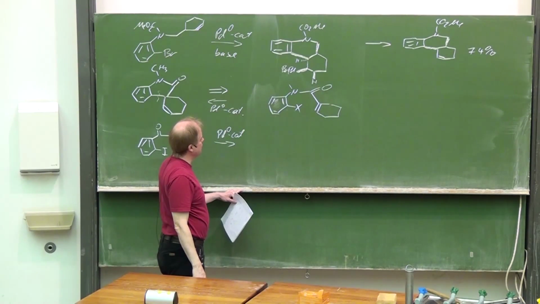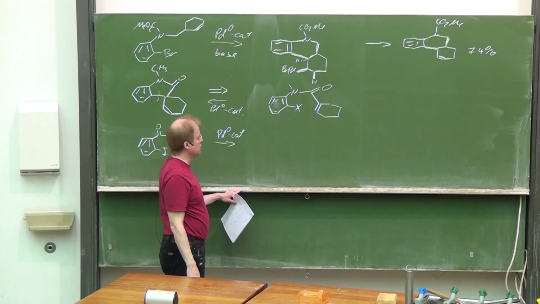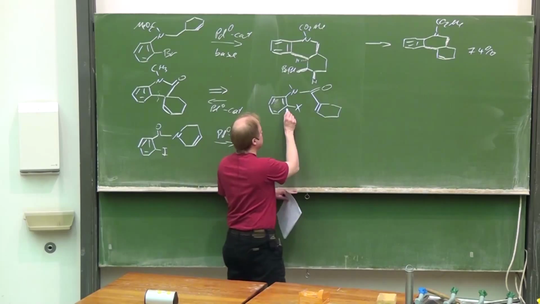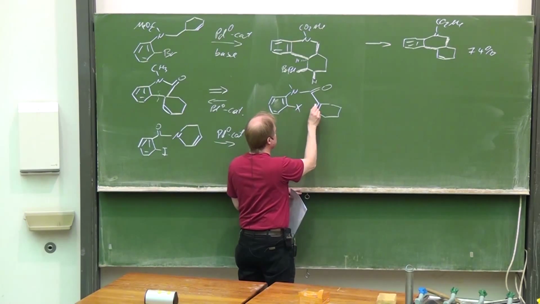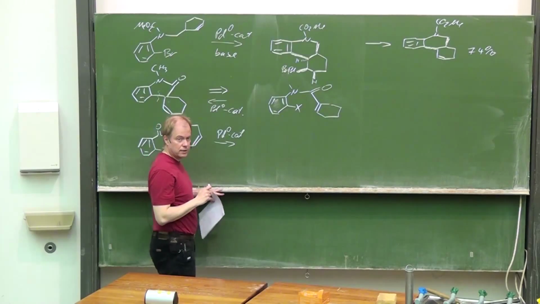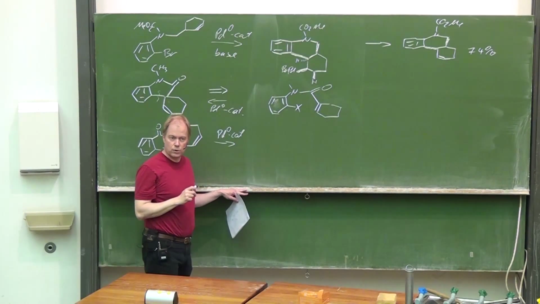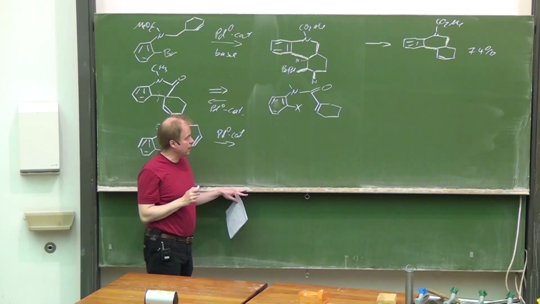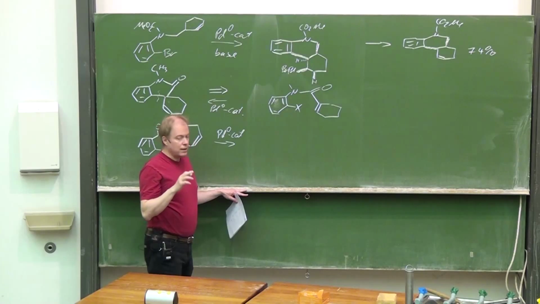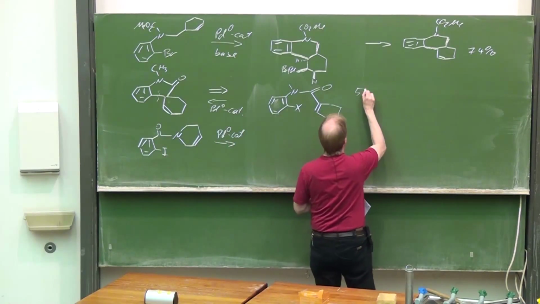Well, we have a selectivity problem then. We could imagine the CC bond formation from this position to that one, giving rise finally to this product. This is then, of course, to be classified as a 5-exo-trig cyclization according to Baldwin.